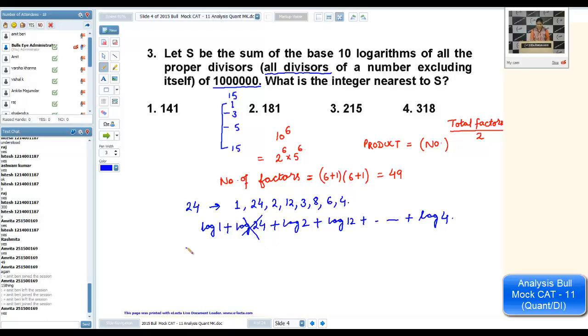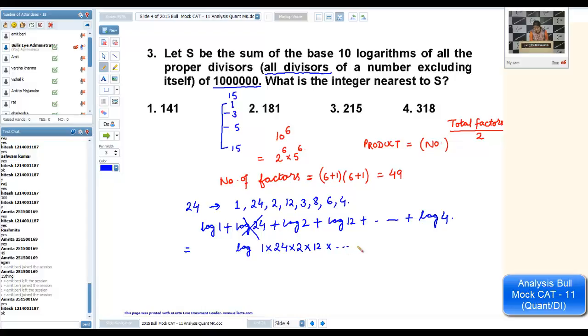See, before solving the original question, let us see this thing. Can you say this is nothing but, if I apply log's properties, log of 1 into 24 into 2 into 12 into so on up to 4. That is nothing but log of product of all the factors. So I'm going to apply the same thing here.